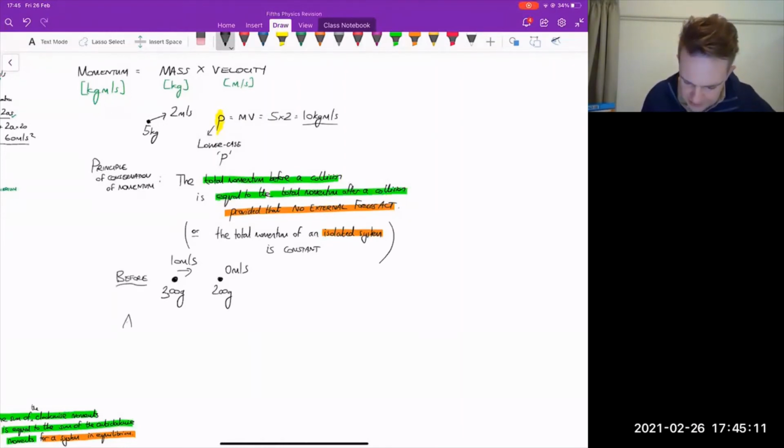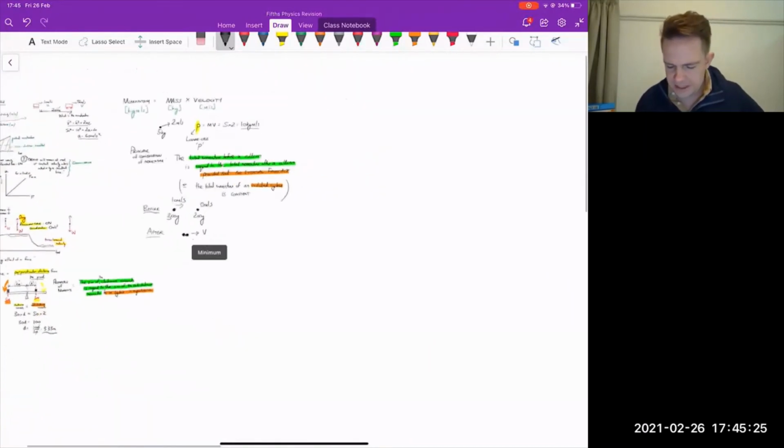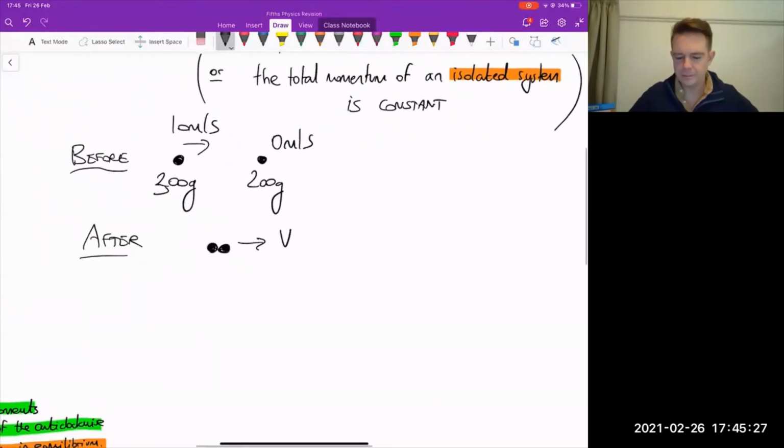And afterwards they've coalesced, and then they move at speed v. The question is, if these two balls stick together and move off together, what's going to be the speed afterwards? First of all, the momentum before has to equal the momentum afterwards. So what's the momentum before?